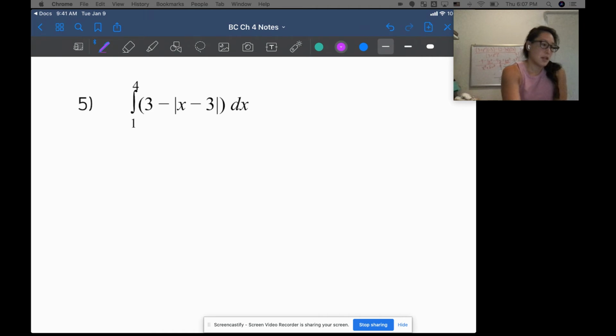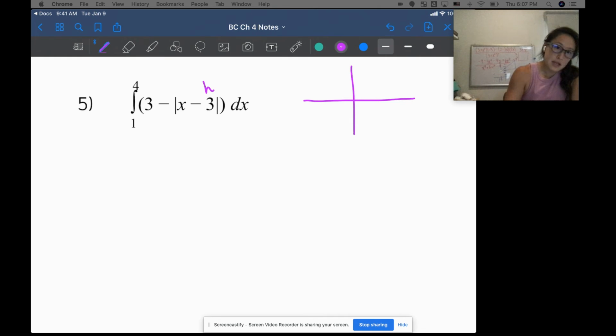using an absolute value, I always use a piecewise function. So I remember that my h value is 3, and it looks like my k value is also, actually, I'm going to rewrite this. The integral from 1 to 4 of negative absolute value of x minus 3 plus 3, okay, dx.